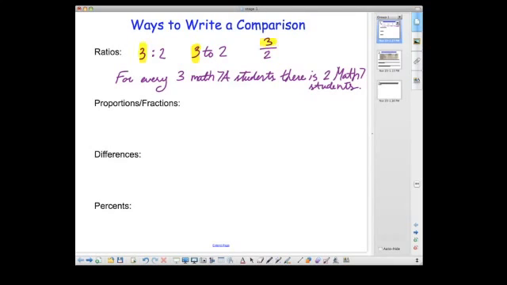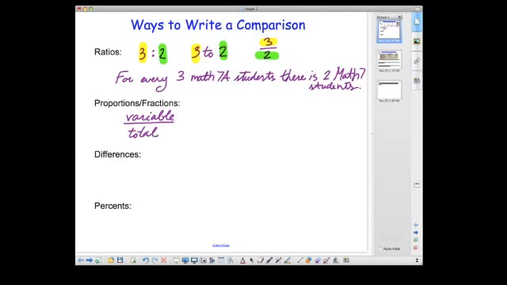And the number that appears to the right of the ratio is going to be our denominator. So the number that comes first is the numerator, the number that comes second is the denominator. In terms of writing proportions, you can write a proportion most of the time as a fraction. So when I write a proportion, I'm talking about a certain number out of a total. You can actually write it as a variable out of the total.